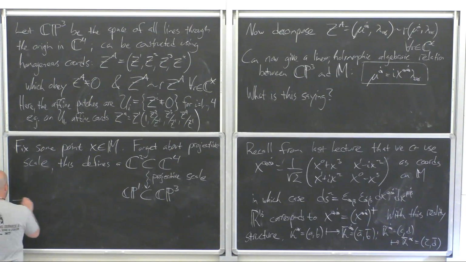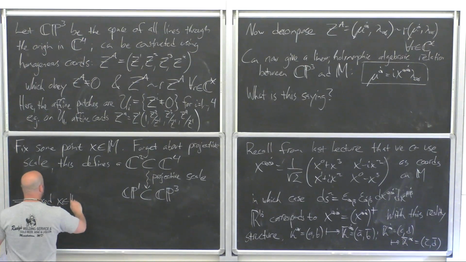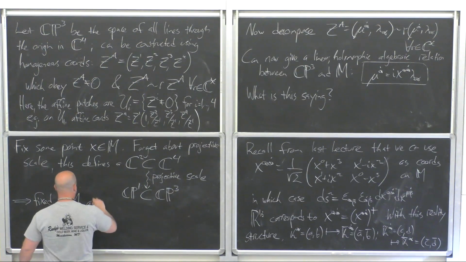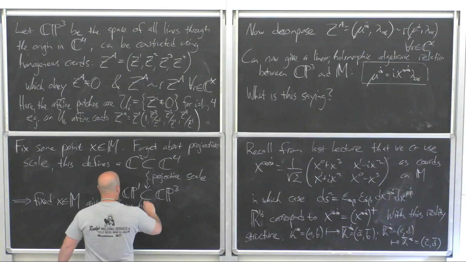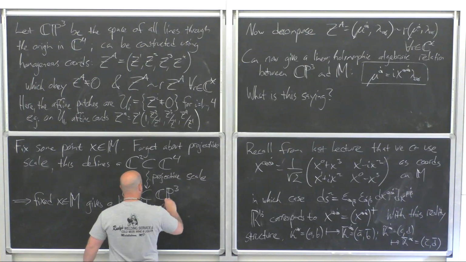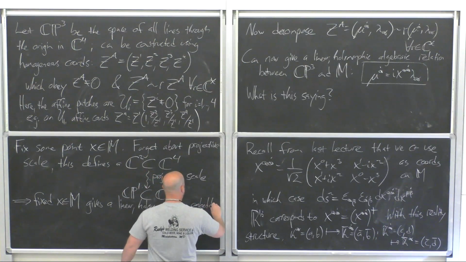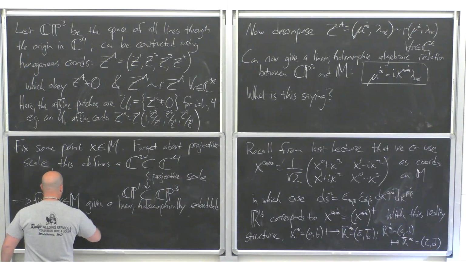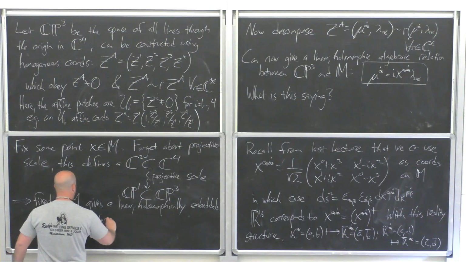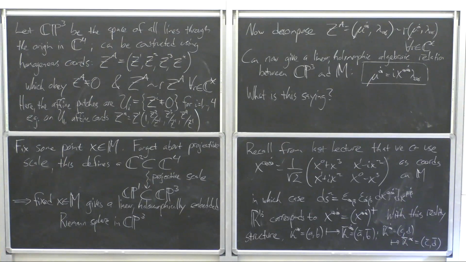So a point in complexified Minkowski space gives a linear holomorphically embedded Riemann sphere in CP3. So that's one direction of what you should think of that algebraic equation is telling you.